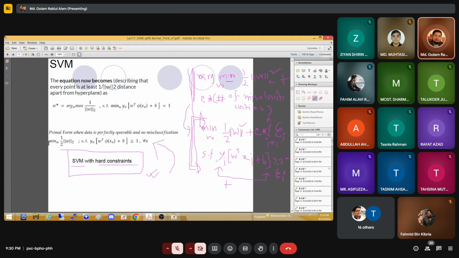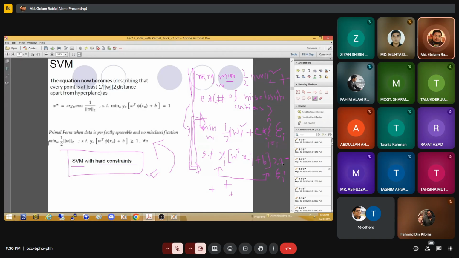So positive value means, if we consider yi is positive, and w transpose xi plus b is also positive, then we will get the positive, okay, and that's why we can see greater than equal 1.